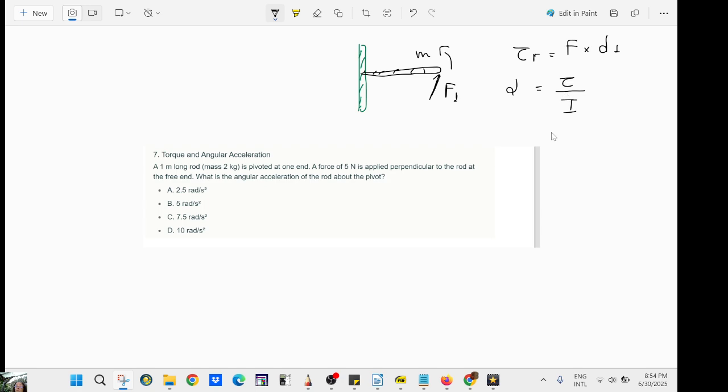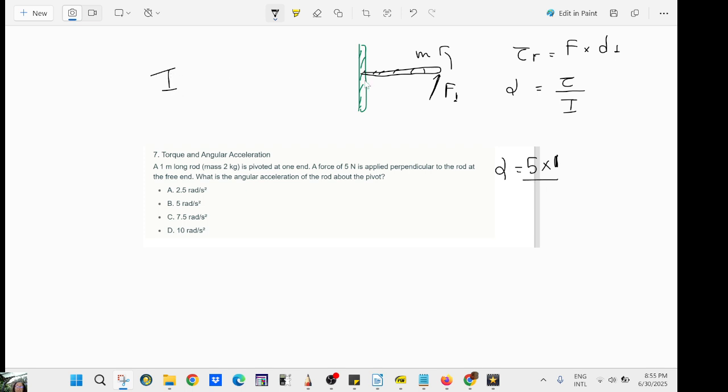So that means the acceleration will be the torque, which is the force, 5, times the distance, 1 meter. So 5 times 1, applied at one end, over the moment of inertia.